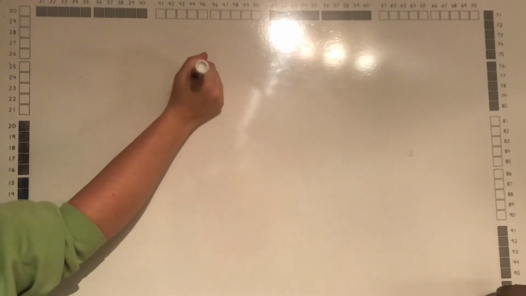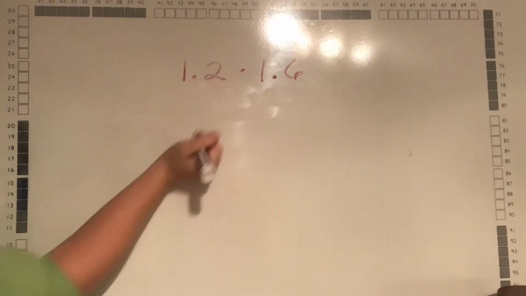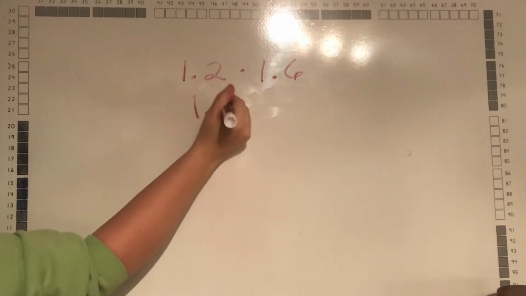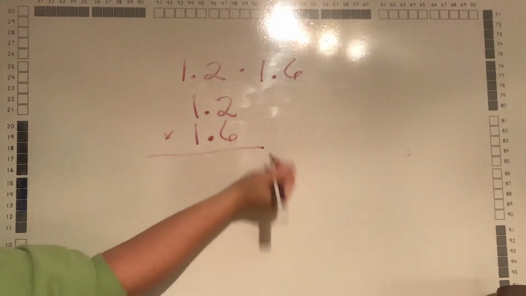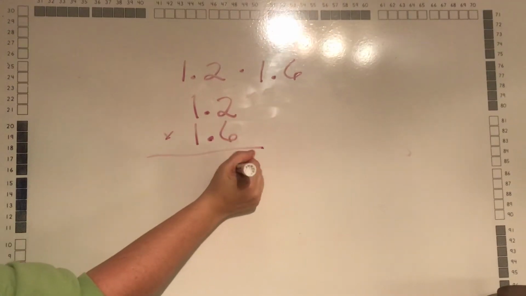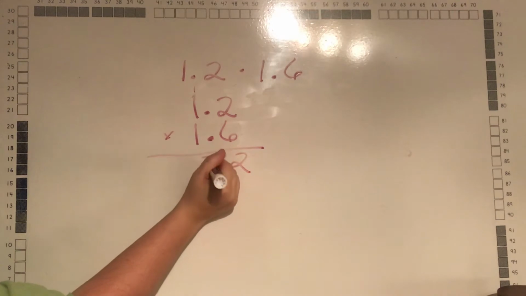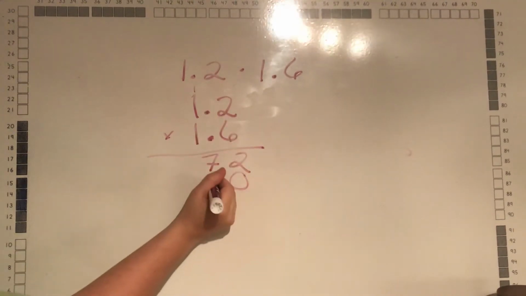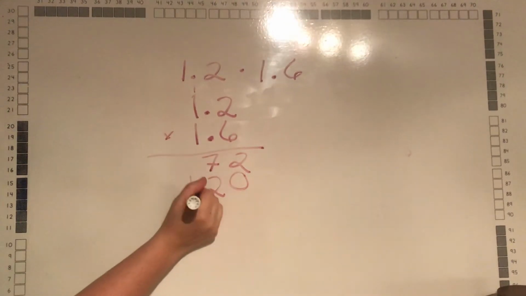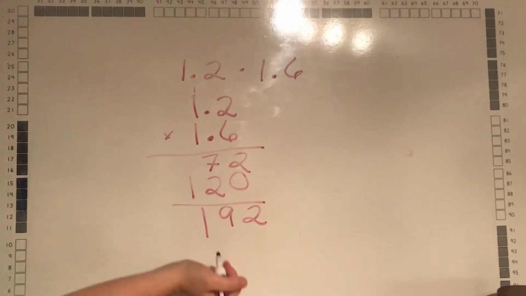The number they give us in 2a is 1.2 times 1.6. So write that out. We have 1.2 times 1.6, and we're multiplying. So 6 times 2 is 12, carry the 1. 6 times 1 is 6, plus 1 is 7. Multiply your 10 spot, put in a 0. 1 times 2 is 2. 1 times 1 is 1. Add those together, we get 2, 9, 1.